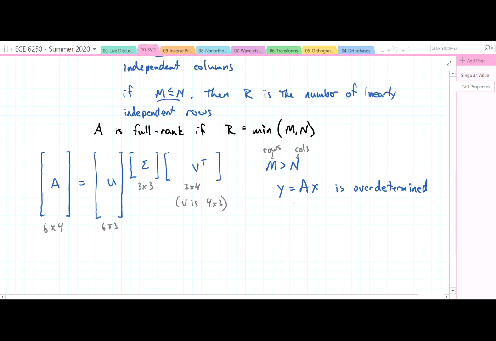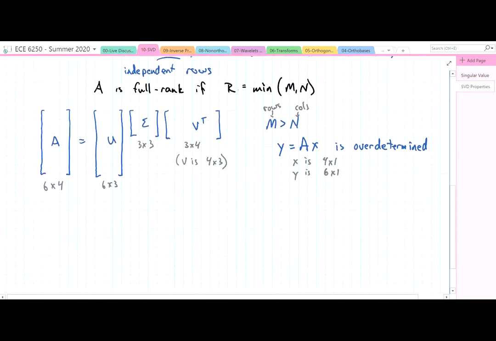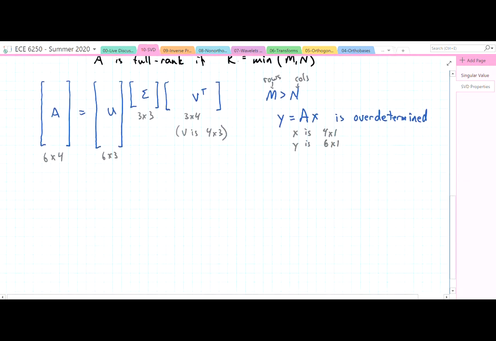So x is 4 by 1 and y is 6 by 1. Okay, sigma could be, in this case we had 3 by 3, it could have been 4 by 4. It could have been 1 by 1. Lots of different ways that this could have played out.